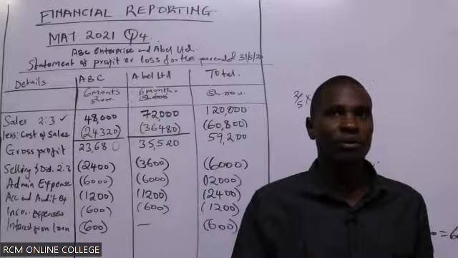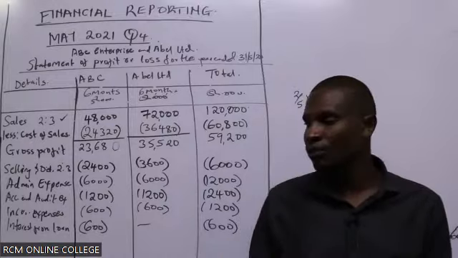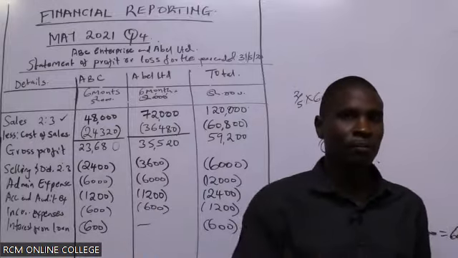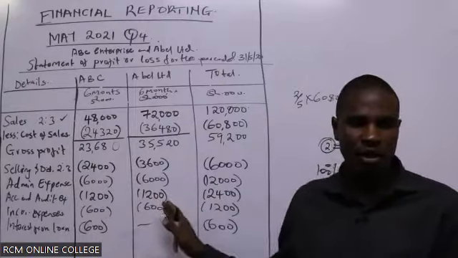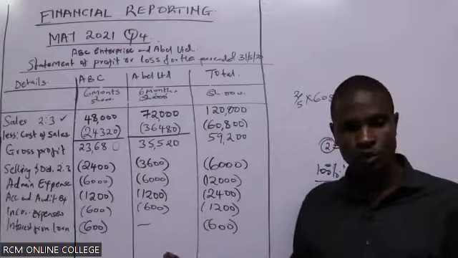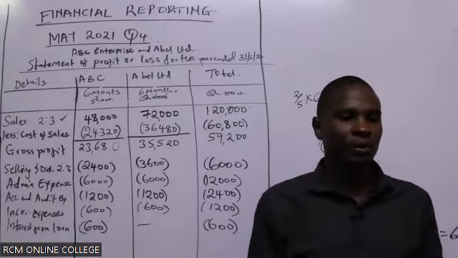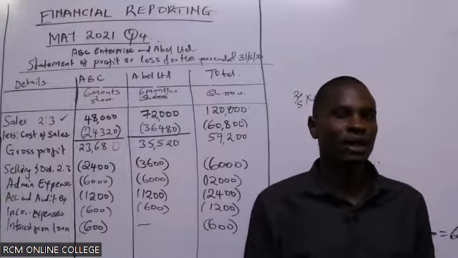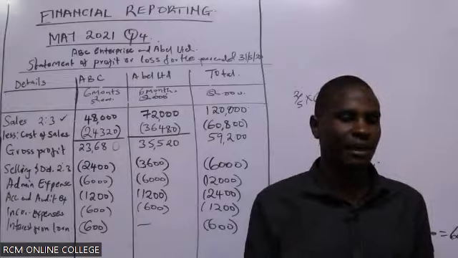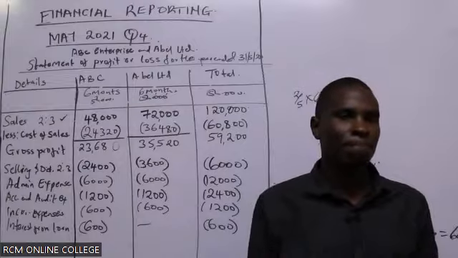Goodwill written off is also an expense. So it will fall under expense. But now, will it be under the ABC or under ABL? Goodwill, which part will be affected? The ABC or ABL Limited? The company or the partnership?